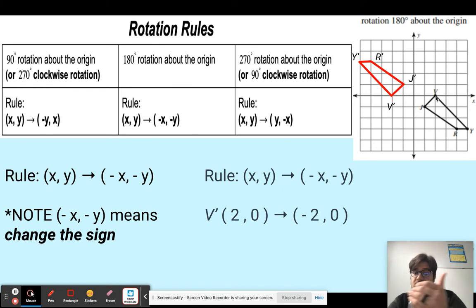And then it is rotated to negative 2 comma 0. So we change the signs for both of them. Now, of course, 0 is neither positive nor negative, so we leave it as 0, but we change the sign of x in this case. Okay, and these are our rules for rotations.